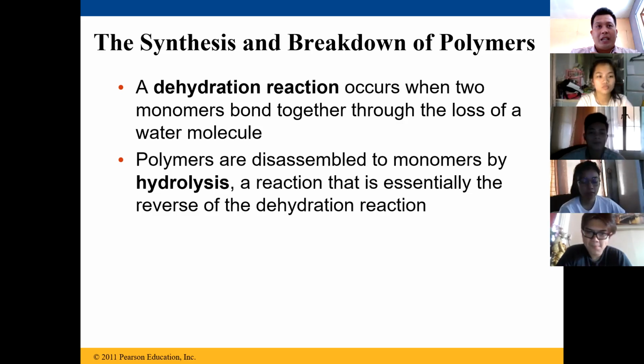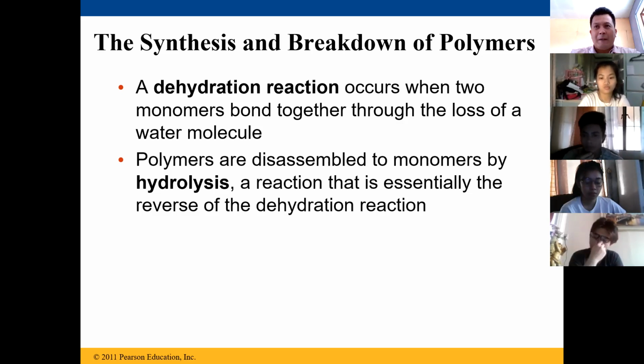It's the reverse of dehydration, and it literally means to hydrolyze, or to add water. But it's not as simple as putting water to it and then mixing. Still, it's a process of chemical reaction. So again, the two processes involved in breaking down and synthesizing polymers are dehydration and hydrolysis.